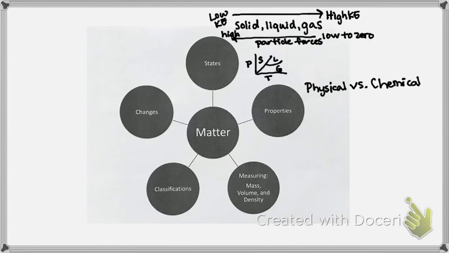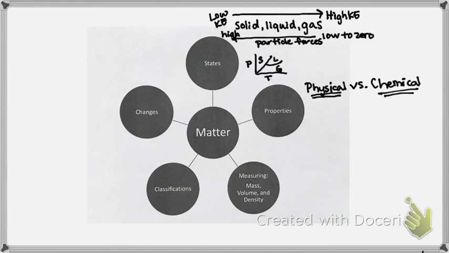So chemical properties are things like flammability, combustibility, corrosiveness, the reactivity with other chemicals and substances. Physical properties are things that are observable or measurable without changing the chemical identity. So this could be something you measure, like temperature or mass. It could be something that you observe, such as color or texture or smell.